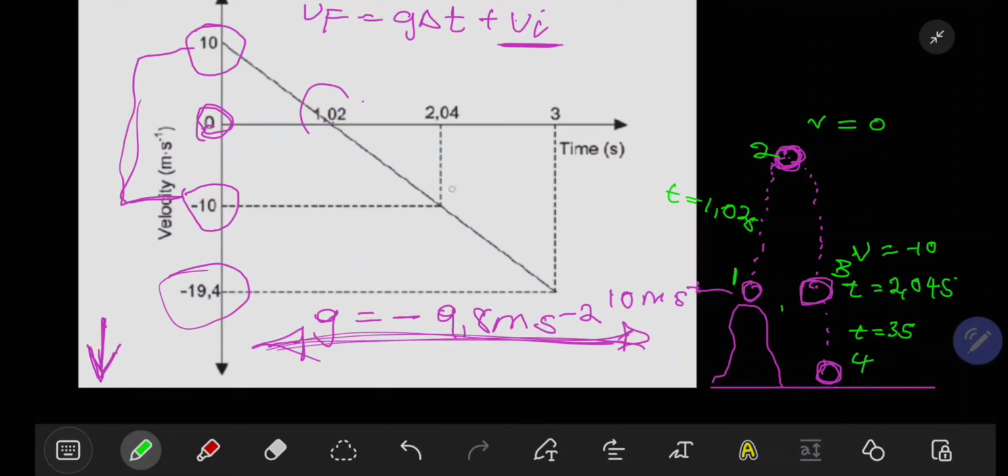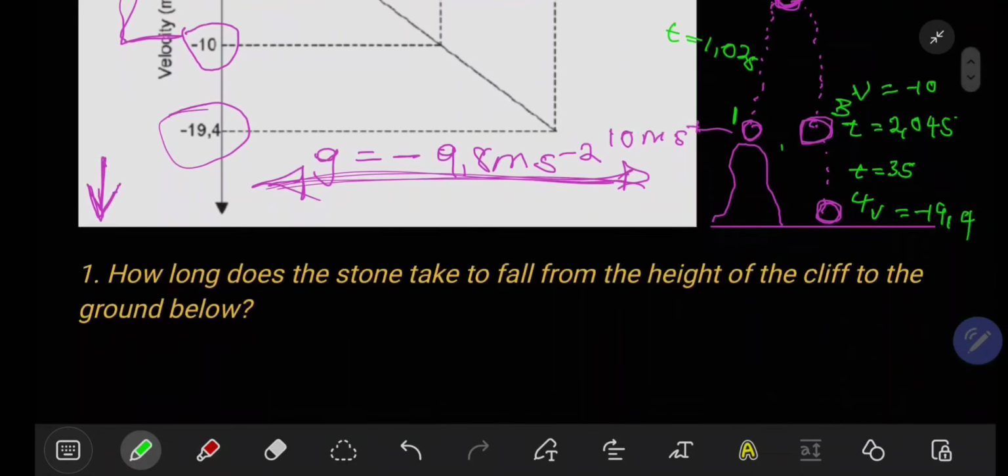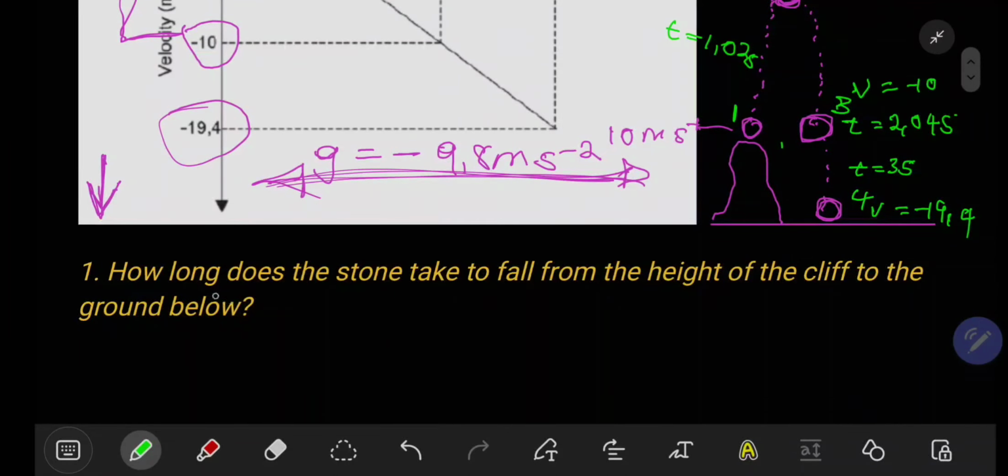Then when it hits the ground, the velocity now is negative 19.4. So now they want to know how long the stone takes to fall from the height of the cliff. Remember, this is the height of the cliff to the ground below.